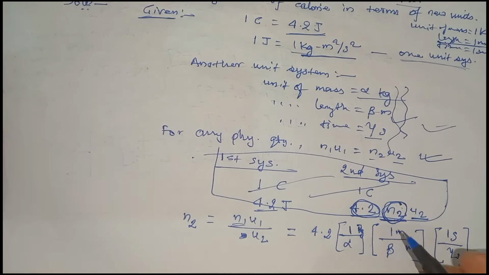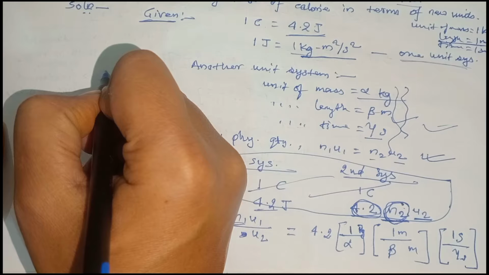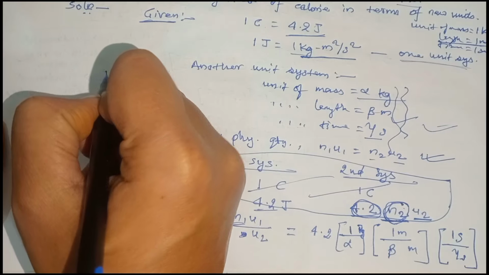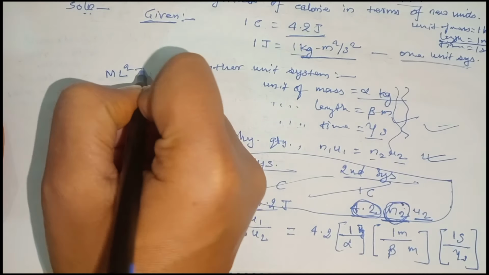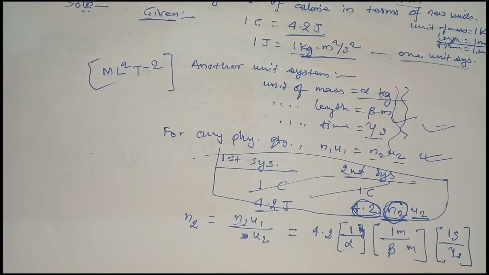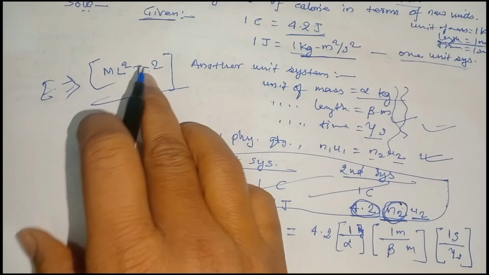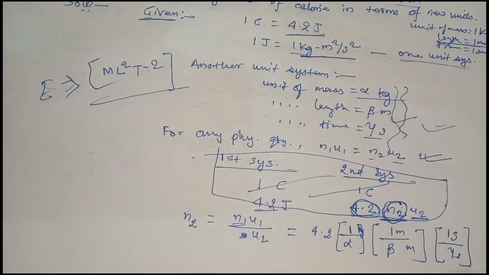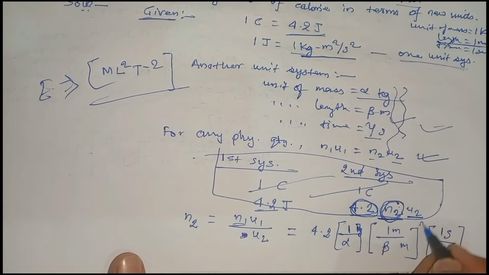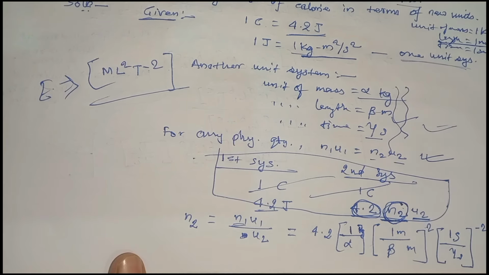And here the dimension of energy is what? We know from the previous lecture that the dimension of energy is ML^2T^-2. So it is M, L squared, and T is minus 2.